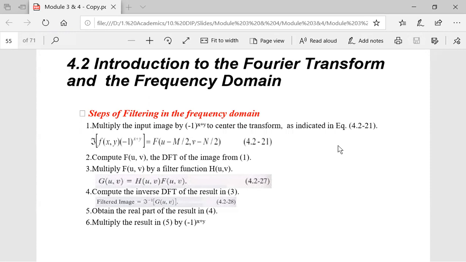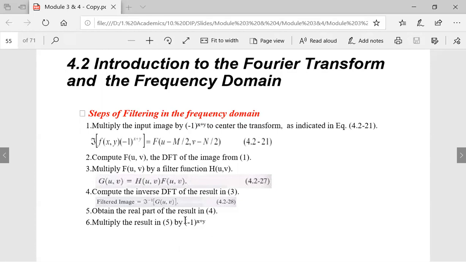So T here is H(u,v). H(u,v) multiplied by F(u,v) gives you one transformed image, that is G(u,v). In order to get the original image, you need to do the reverse transformation because the frequency has been distributed here. That is why you get the original image when you multiply with the inverse.